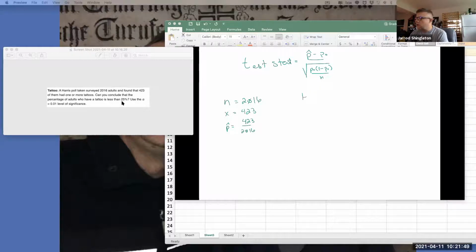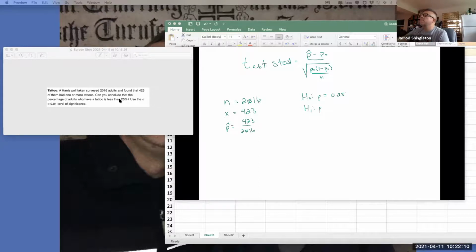I always know my null hypothesis for proportions is P equals whatever is the status quo, the thing that is boring that we want to disprove, which is 0.25. My alternative here is P is either going to be less than, greater than, or not equal to 0.25.